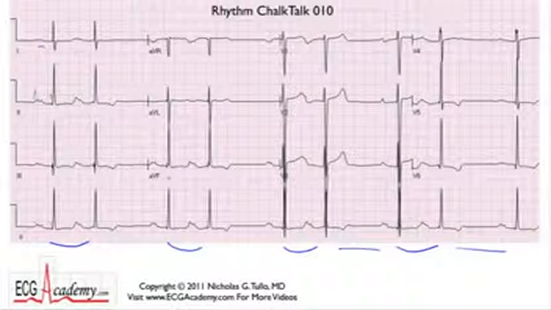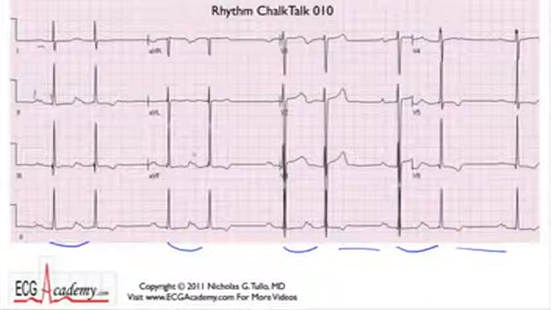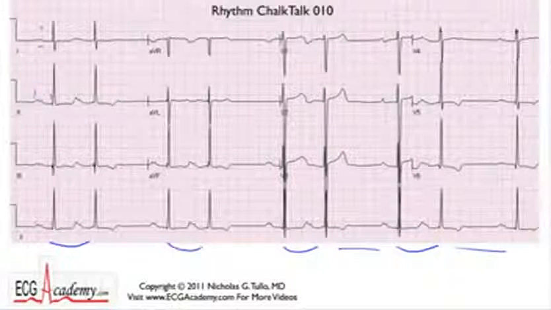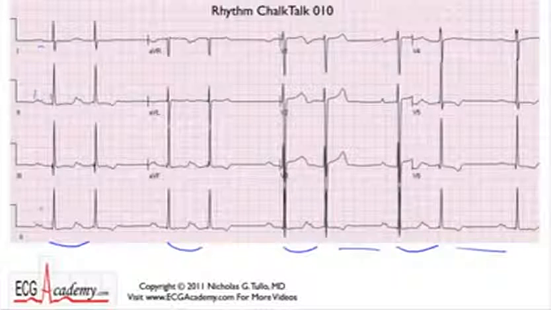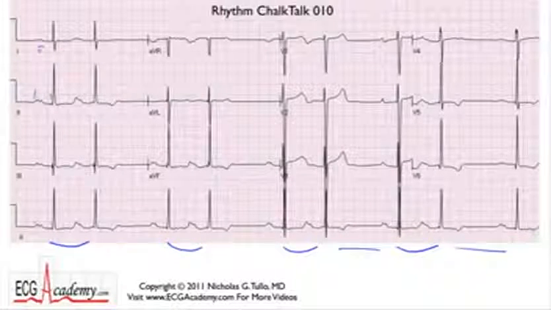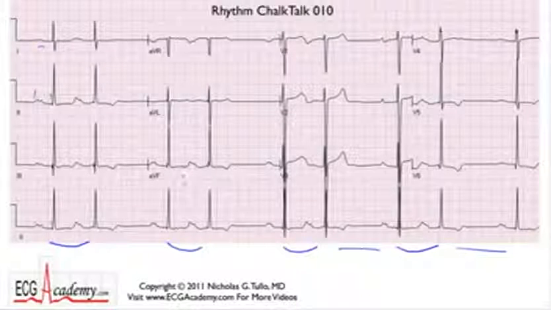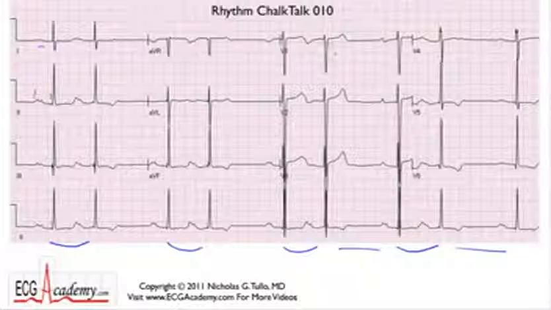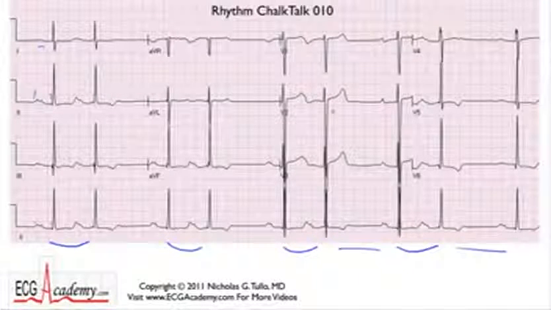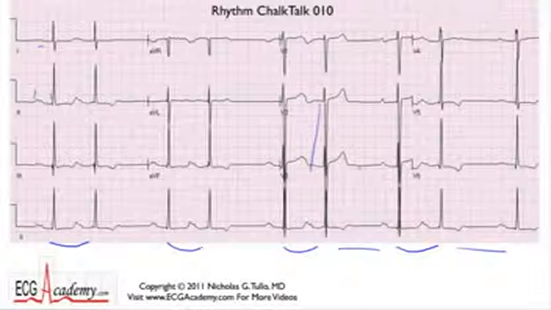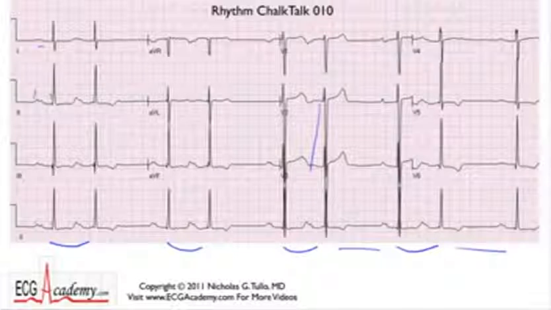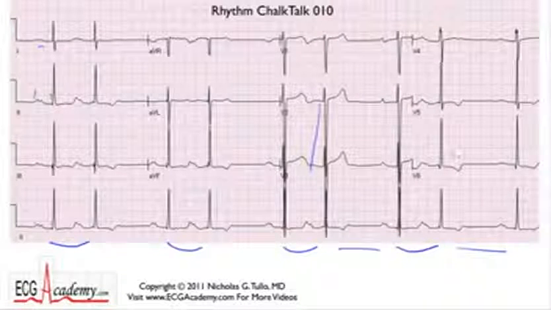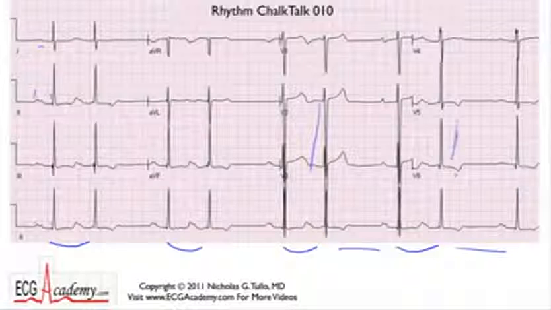And if you look at AVF, you have an upright P wave here. So it does seem to be a sinus mechanism of some kind because the P's are up in one and AVF. And when you're looking at the 12 lead on the whole, you can see the voltage is extremely generous. You clearly have criteria for LVH with a very deep S wave in V2 and a tall R wave in V6.